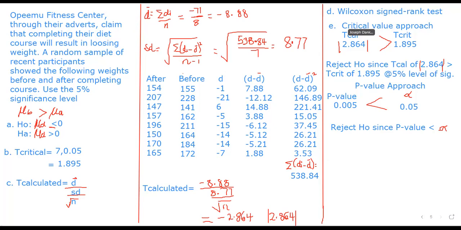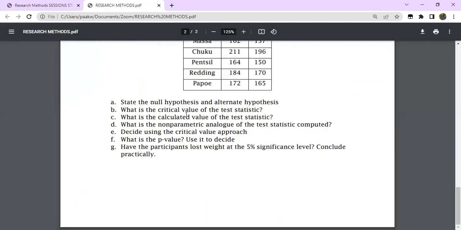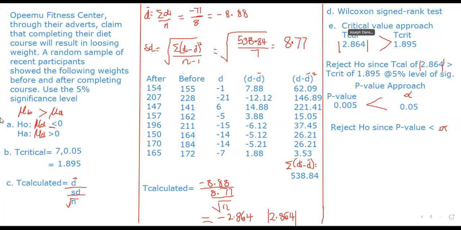And what is the last question saying? Have the participants lost weight at the 5% significance level? Conclude practically. Practically means you must use the hypotheses you formulated to solve for that. Now you look at your decision. Decision was what?